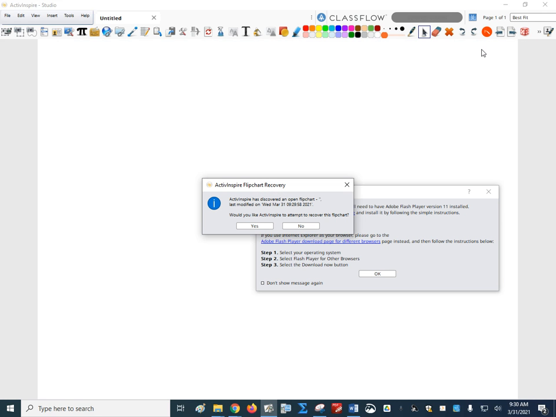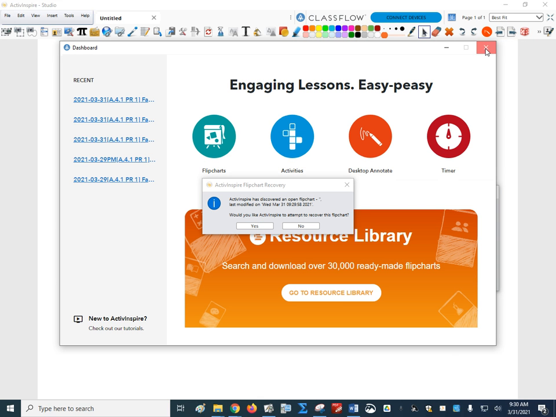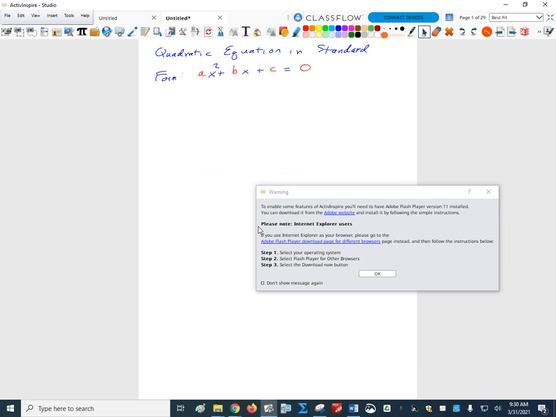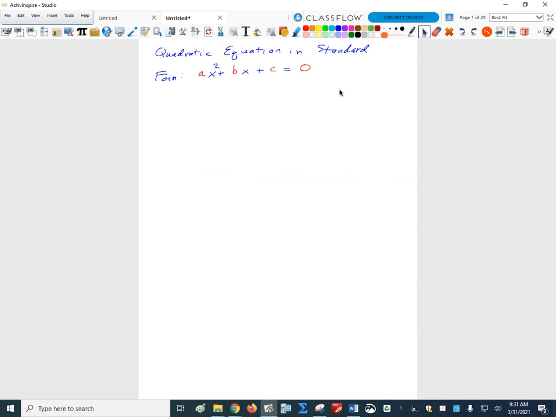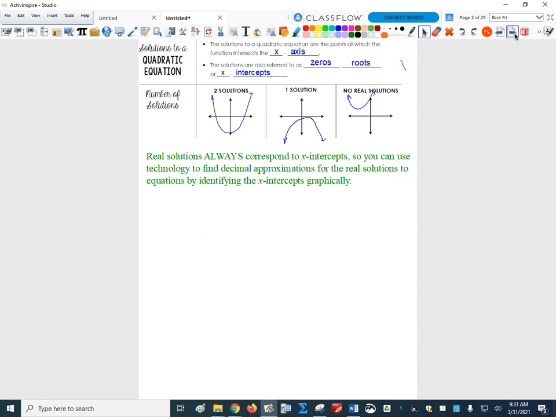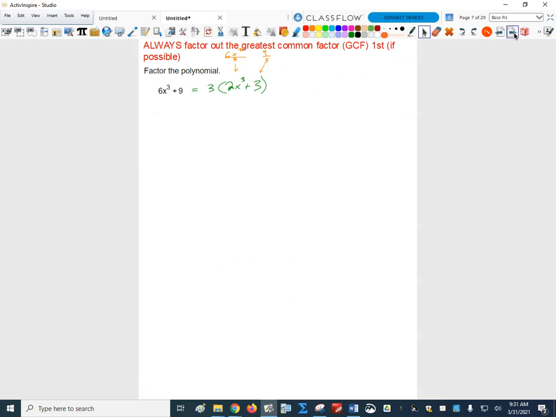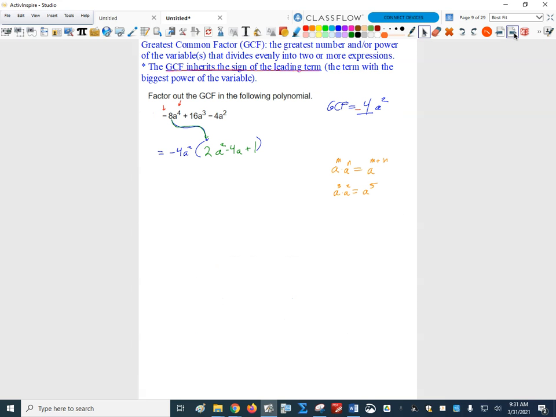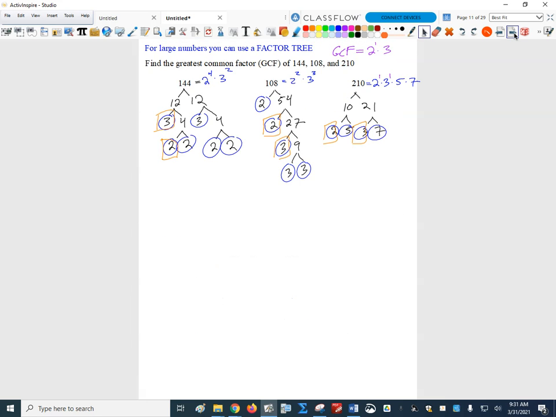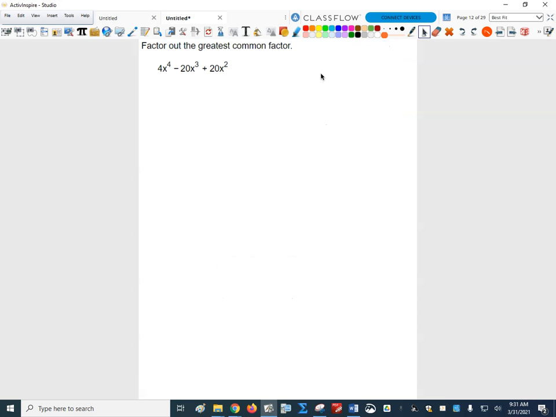Well, let's see if it... So far, so good. Oh, yeah, I guess we're good. Oh, we lost a little bit on that page, didn't we? Well, maybe we won't spend so much time on that page.